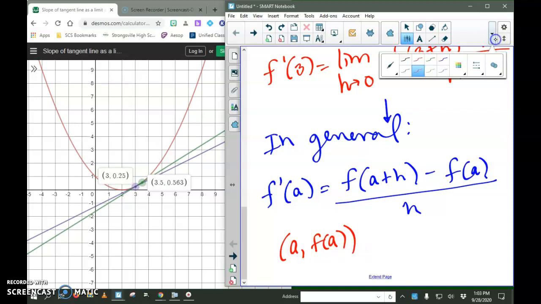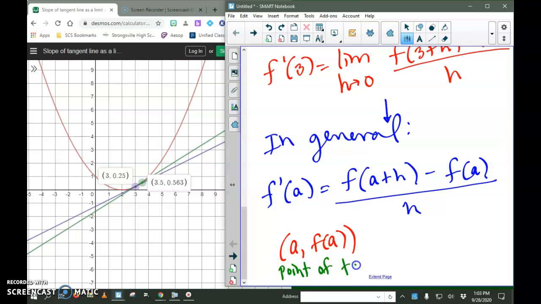And that is our point of tangency. Okay? And the ordered pair a plus h comma, the output when I evaluate my function at that a plus h.